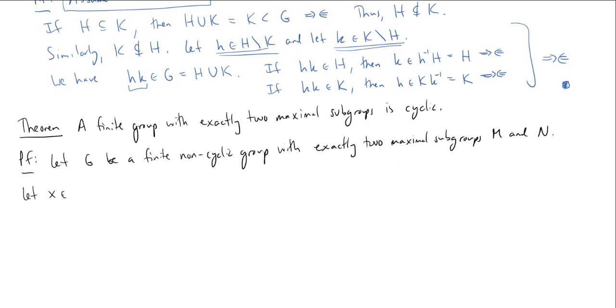Okay, so I take some element X in G. X, of course, generates a cyclic group. And because G is not a cyclic group, the group generated by X cannot equal G. So as G is non-cyclic, G does not equal the subgroup generated by X. So that tells you that the subgroup generated by X is a proper subgroup.